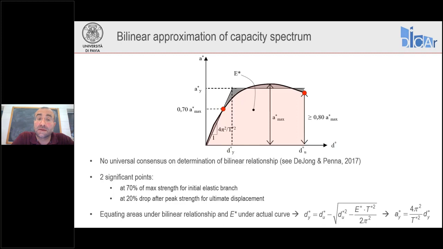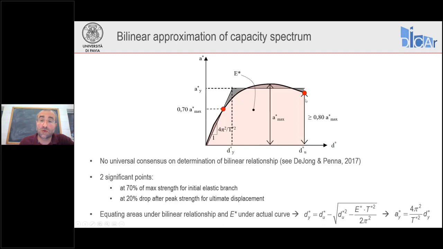So at 70% of A star max. The other point is the one that we record after the peak, after reaching A star max, as we start losing strength, and specifically when we lose 20% of the strength. So when the residual one is 80% of A star max.